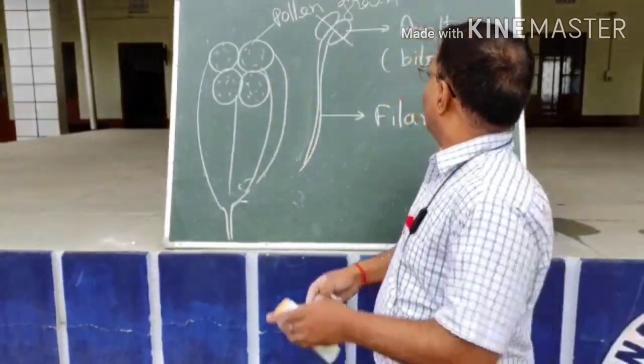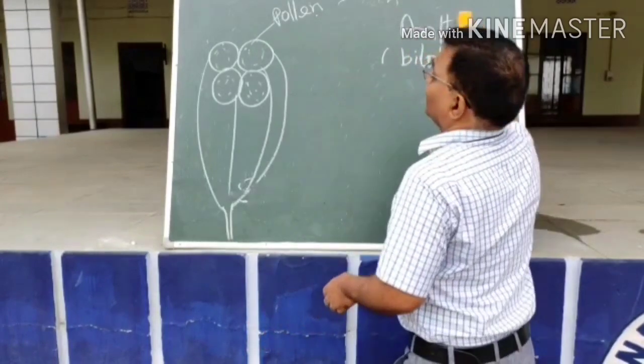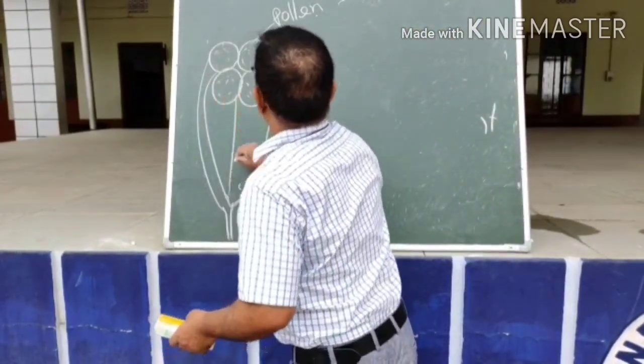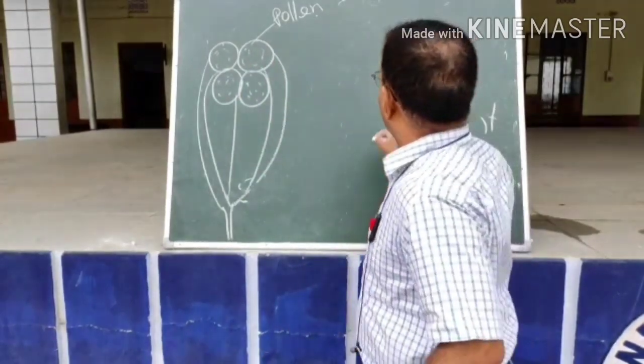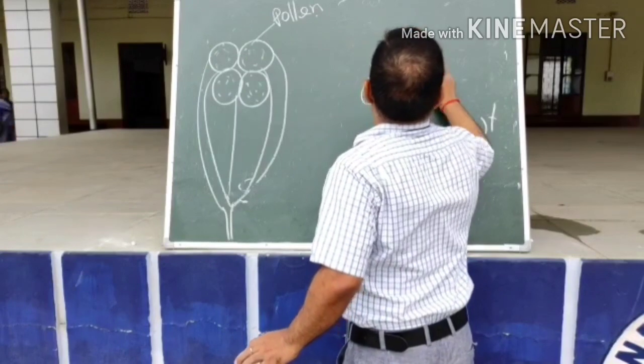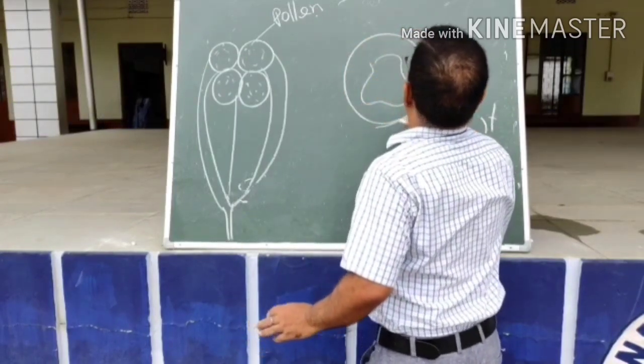And dear children, if that pollen grain is seen with the help of a microscope, it will be like this. Two layers are there.